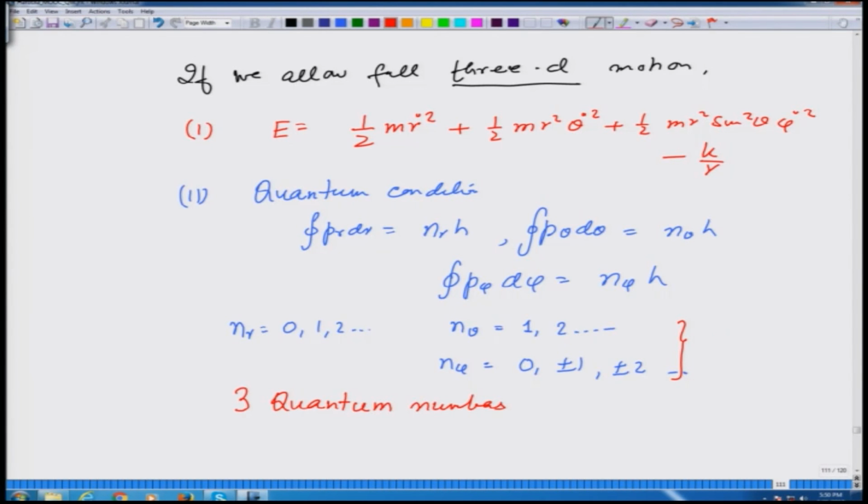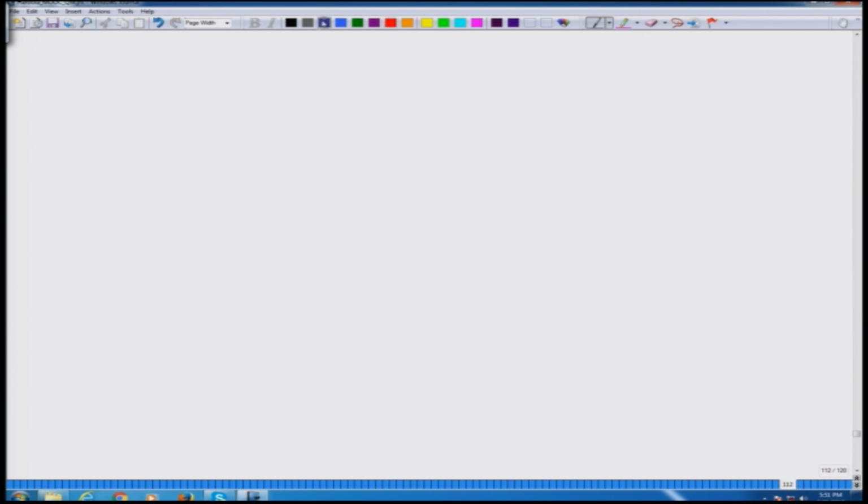Through this, we also found that mod of n phi is less than or equal to n, where n is equal to n r plus n theta plus mod n phi, because the z component has to be less than or equal to the total angular momentum. So, we found 3 quantum numbers.